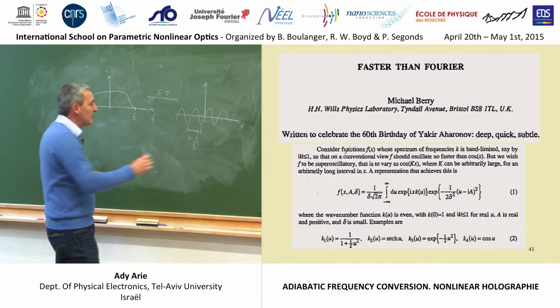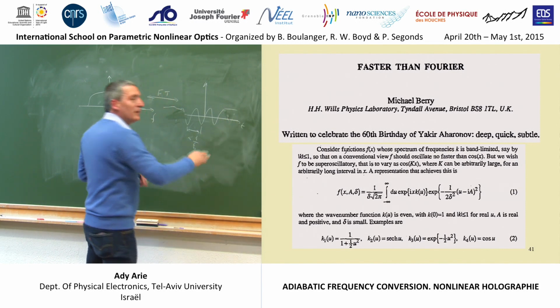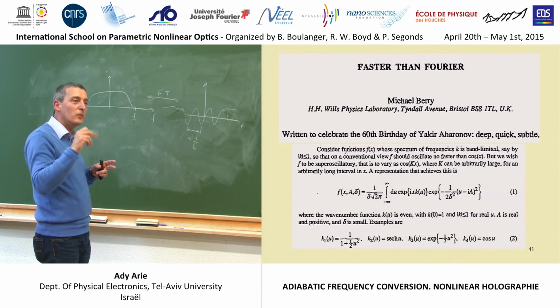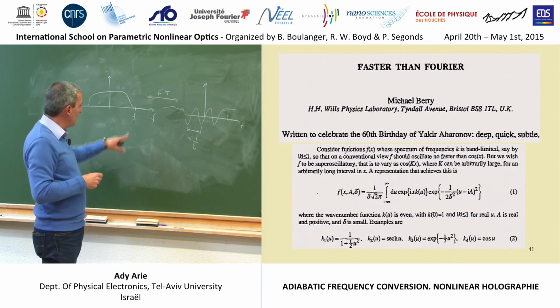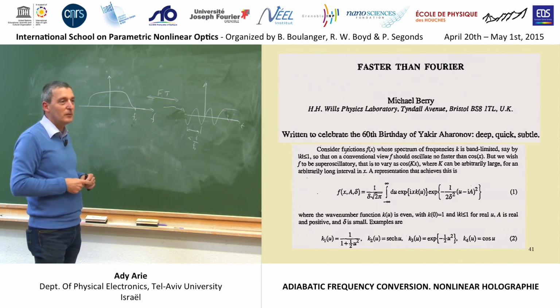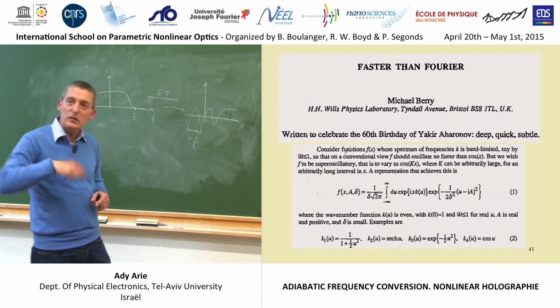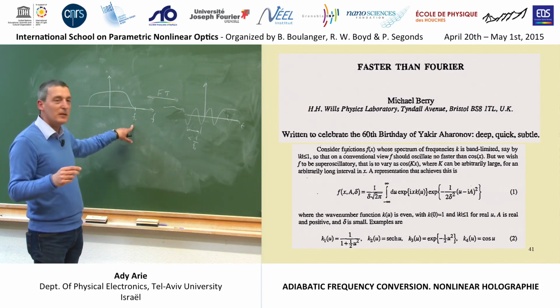It doesn't have to repeat. Maybe here it can be something else. But can I find somewhere where it oscillates faster than 1 over f0? Well, f0 is the bandwidth. So the answer is yes. It can oscillate as fast as you want, it doesn't matter what f0 is.